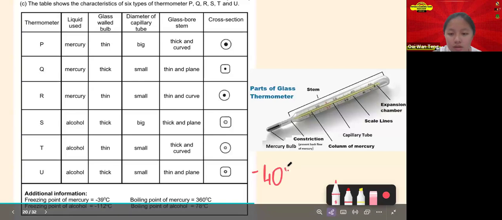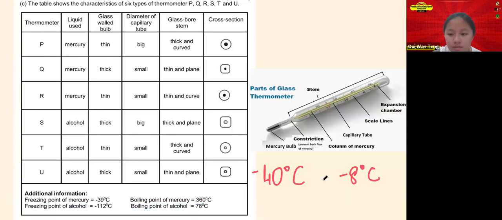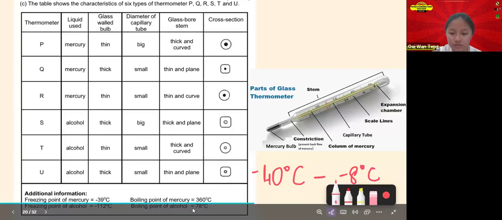So from the question just now, we can know that the temperature of the North Pole is -40 degrees Celsius to -8 degrees Celsius. So which liquid used in the thermometer is suitable to be used at the North Pole? Is it mercury or alcohol? We can see that the freezing point of mercury is -39 degrees Celsius.